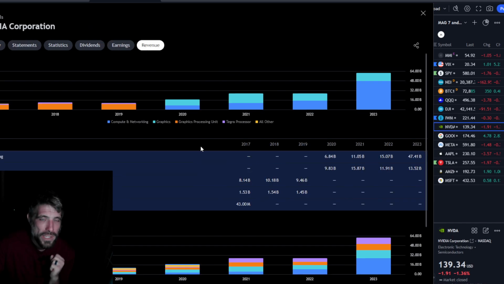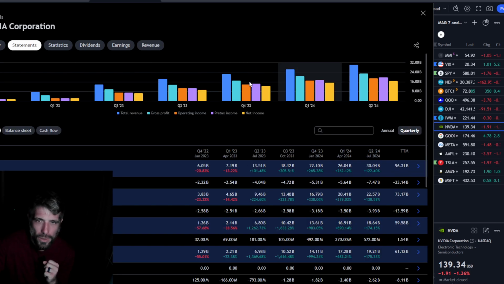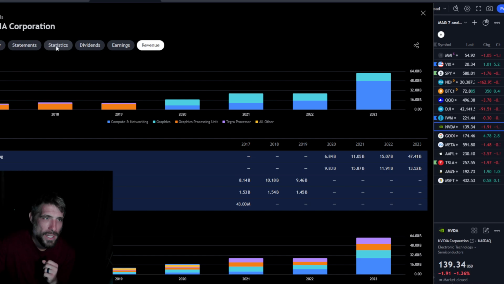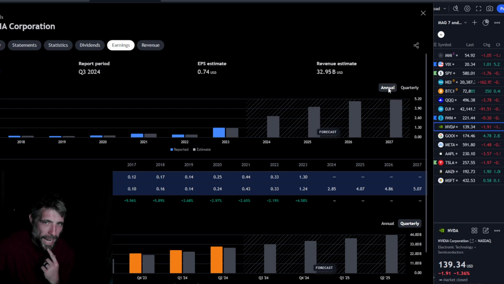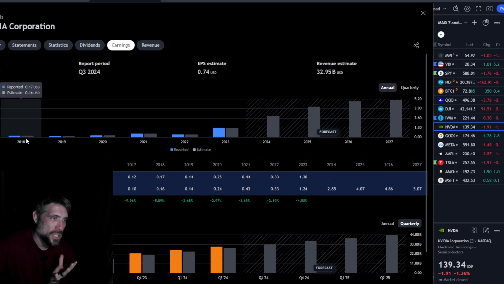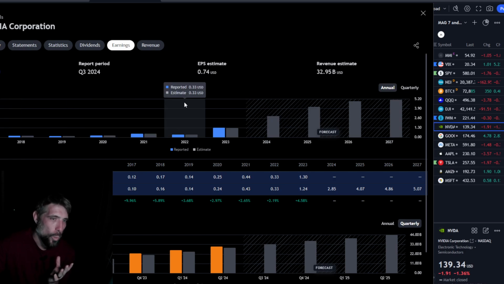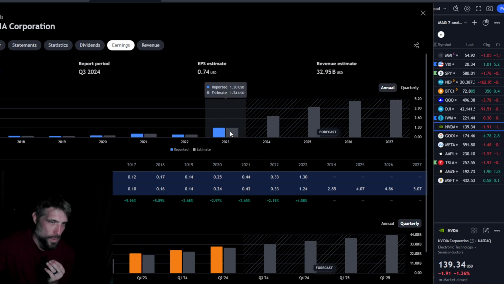And we can do the same thing, I'm sorry, was that annually? I'm sorry, no, that was quarterly. So we can do the same thing in the earnings right here on this tab. You can click annually, and you can see here, look at the growth, the expected growth for NVIDIA. It's funny because it's almost dwarfing what they have already done from 2022 to 2023.